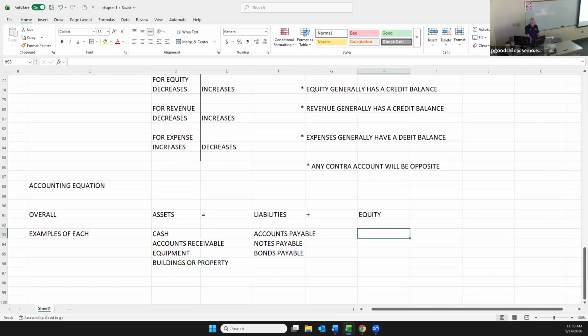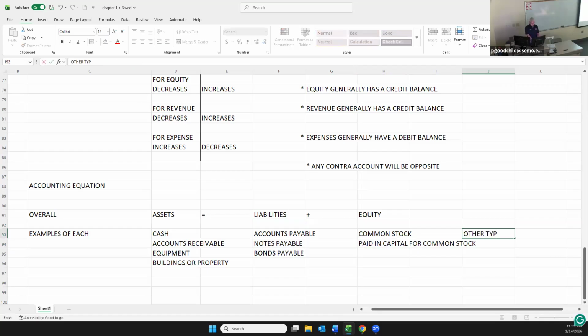What are some equity accounts? Common stock. Paid in capital. Or common stock. And then you have the other types of stock that go in there, and those would be preferred. So you could have preferred stock in here.